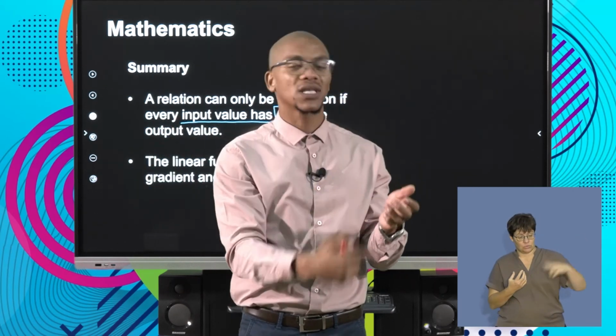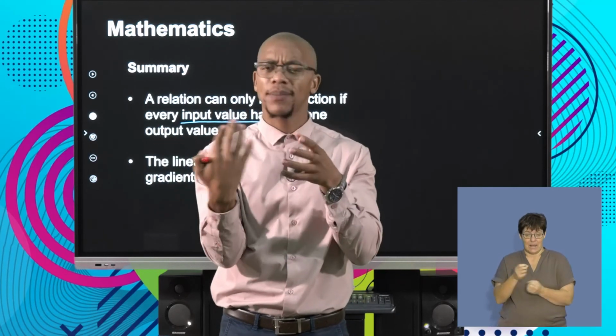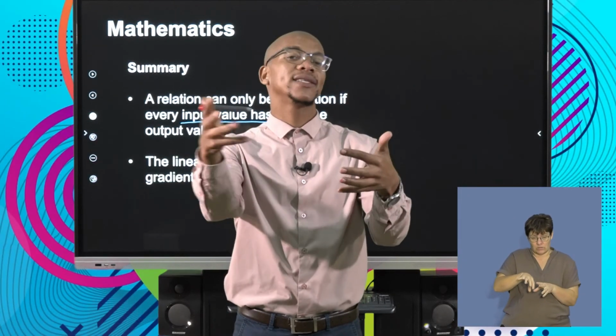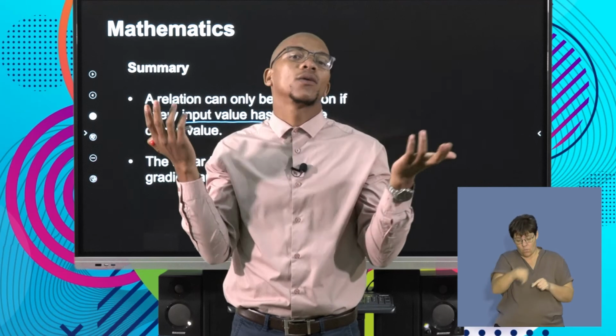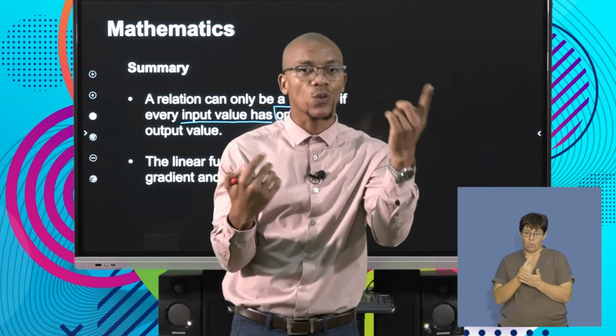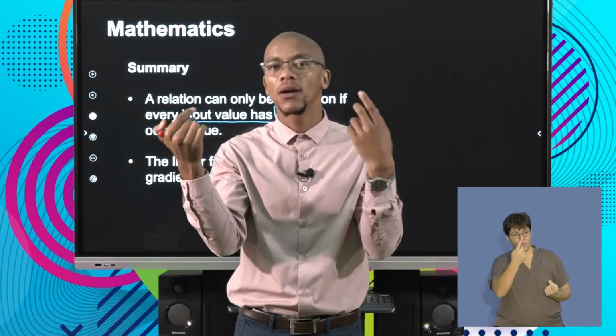But it can happen that many input values give us one output value. That is the many to one. But that just simply means that it's unique input values that always yield one output value. So it's always 1, 1, 1, 1, 1, 1.